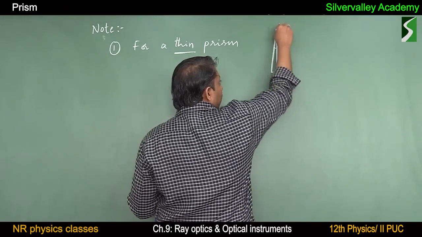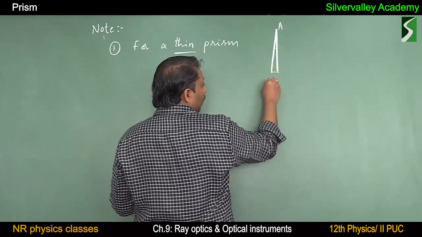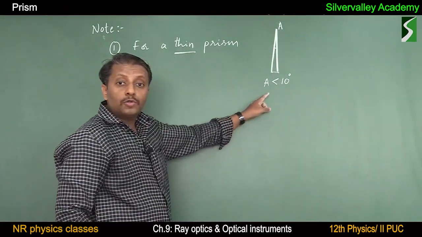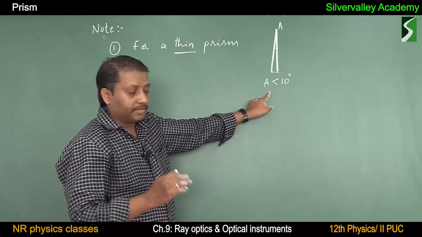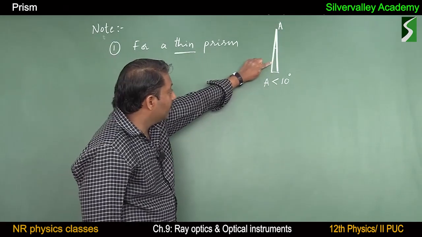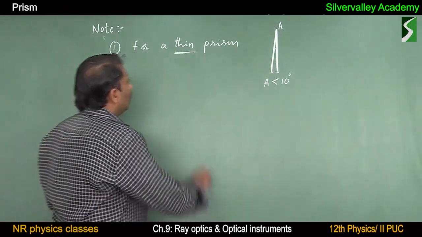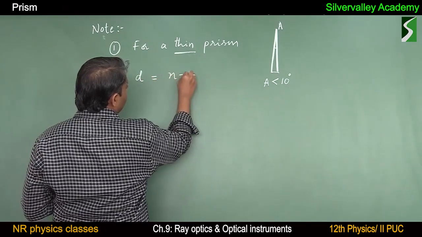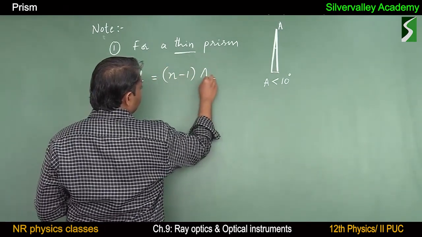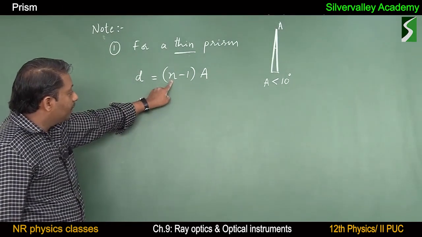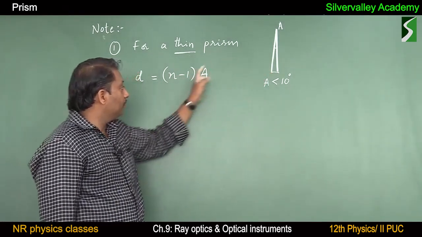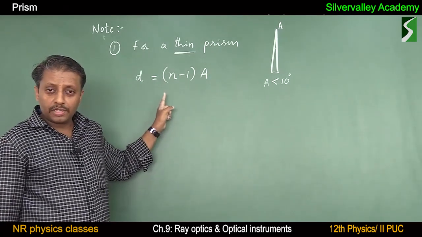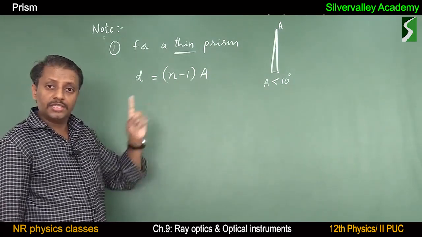If this is A, the angle of the prism, if A is less than about 10 degree, we can treat that as a thin prism. And for a thin prism, deviation is (n minus 1) into A, where n is the refractive index of the material of the prism and A is the angle of the prism. This statement is there in your NCERT book. Please note, this is for 1 mark.